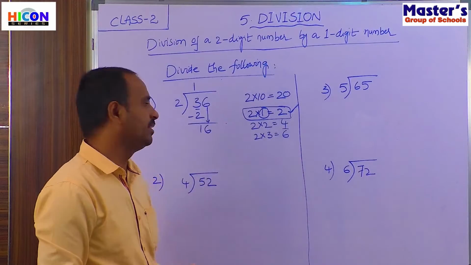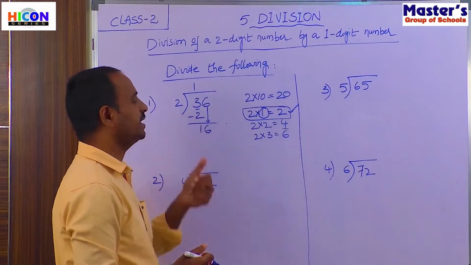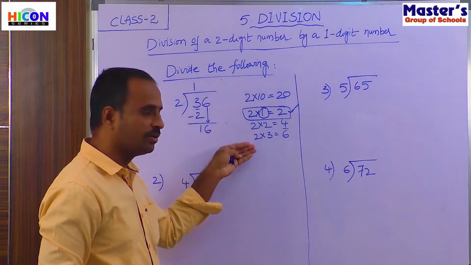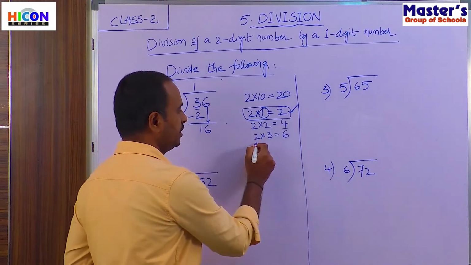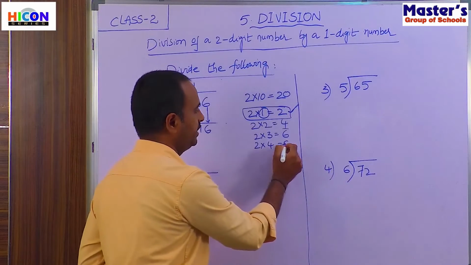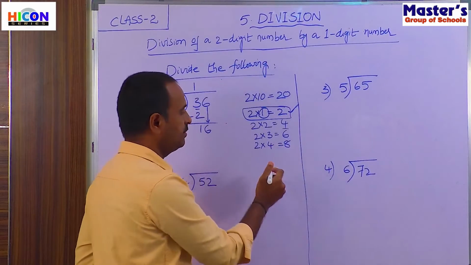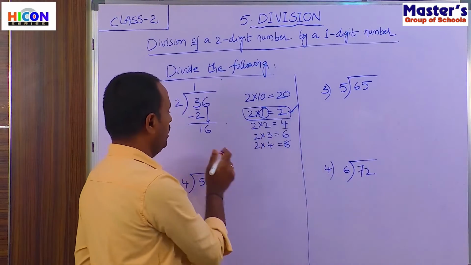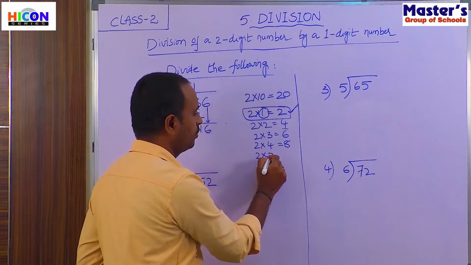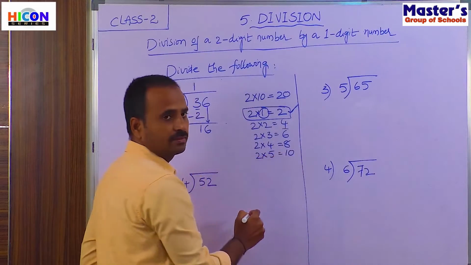Now we will find when the number 16 comes in the second table. So let us continue this second table. Take 4 times, that is 2 fours are 8. And take 5 times. So continue this table until we get 16. Now take 5 times, that is 2 fives are 10.